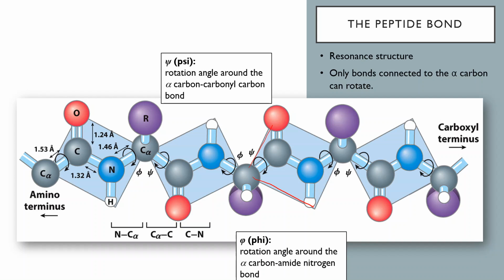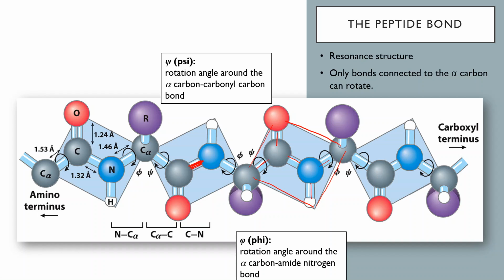This is one flat plane, and it is defined by the position of all of these bonds. And the peptide bond itself, which again is this bond here, cannot rotate or does not rotate very easily, because it basically acts like a double bond, and we know that double bonds do not rotate.